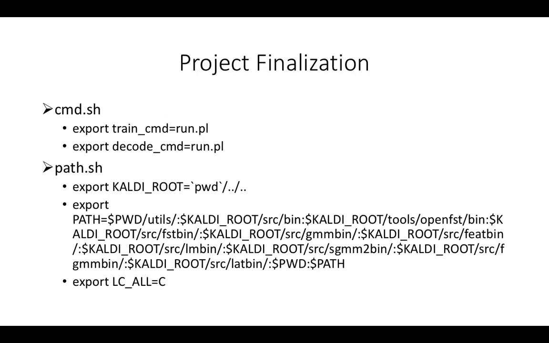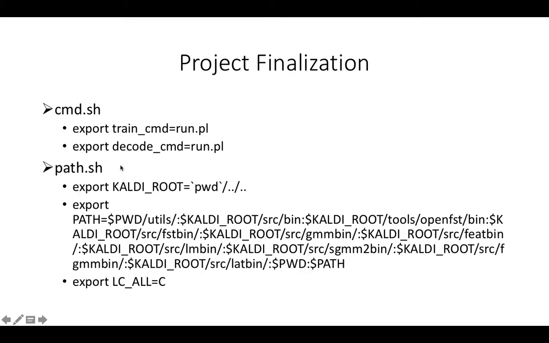Then comes the cmd file, which is quite standard. If we want to run our Kaldi project on a local machine, then we use run.pl in the train and decode commands. If we want to use Kaldi on a cluster machine or a server, then we have to use the queue.pl command, which is not important here, so keep it as simple as possible and use the run.pl command.